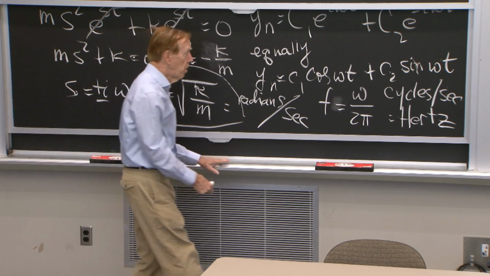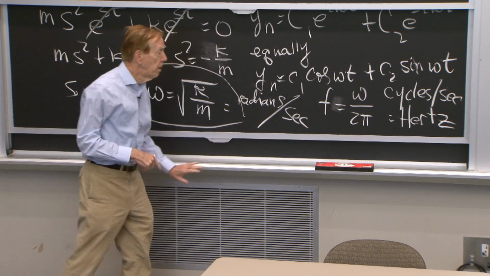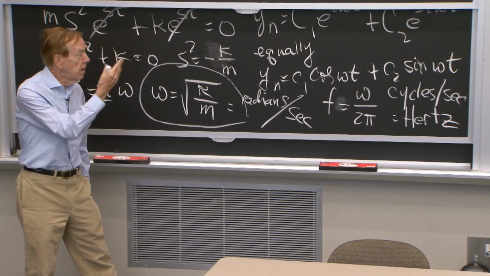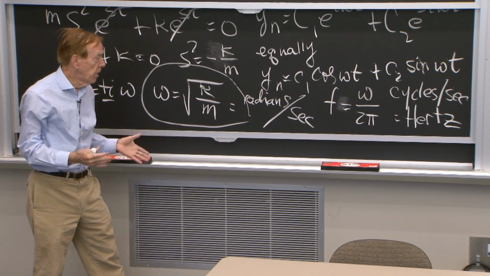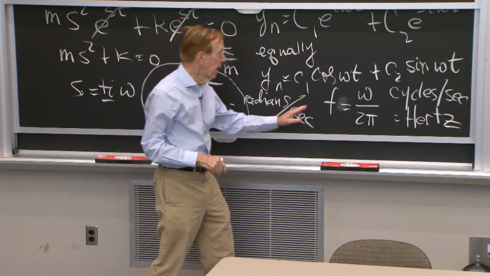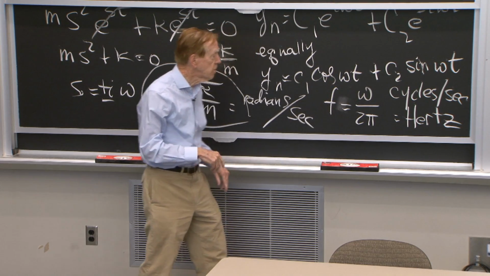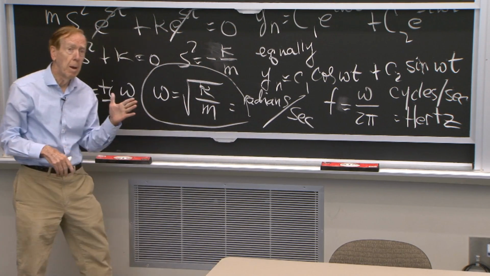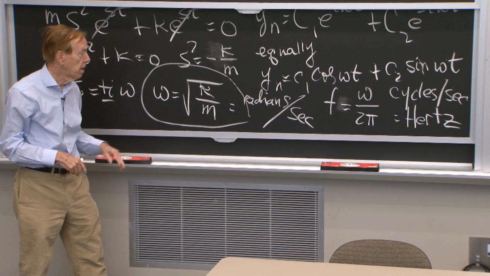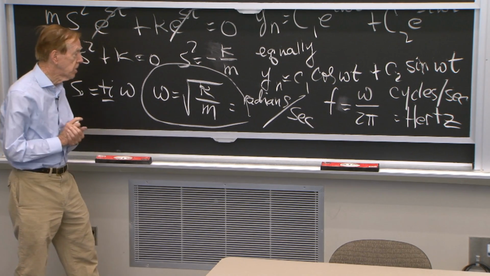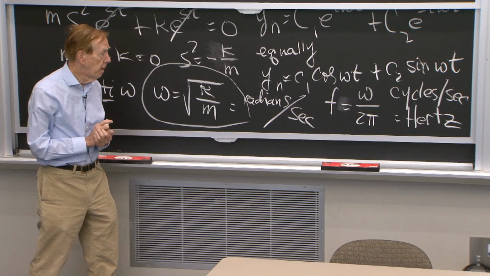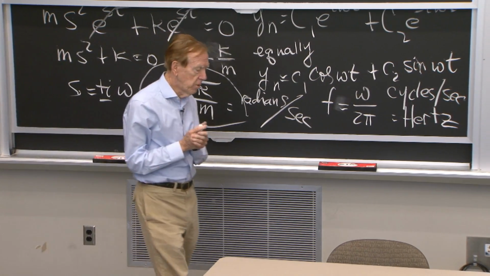So typical frequency in everyday life would be like f equals 60 cycles per second, 120 pi radians per second. Yeah, so I'm going around in a circle.